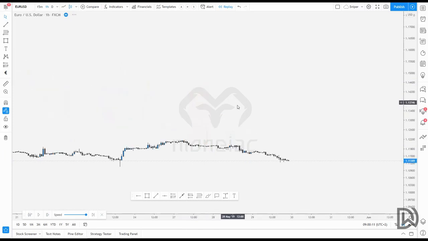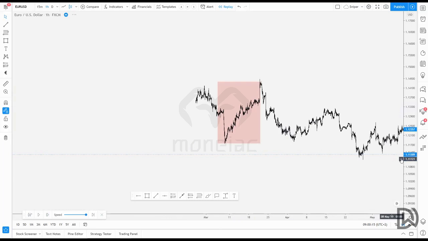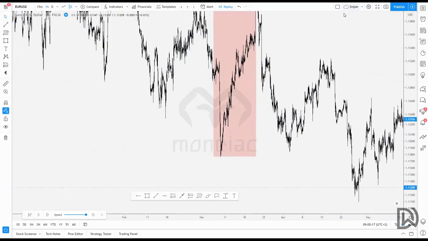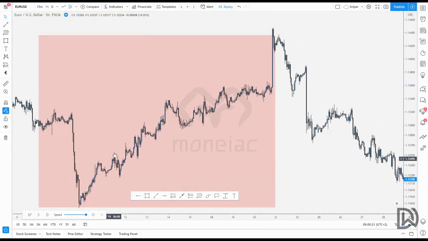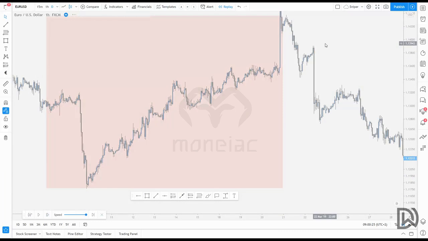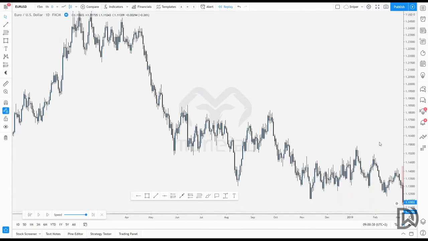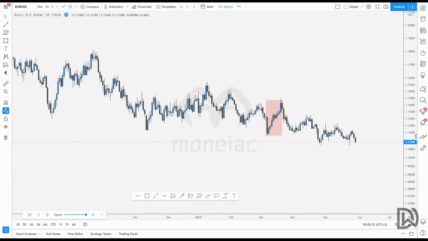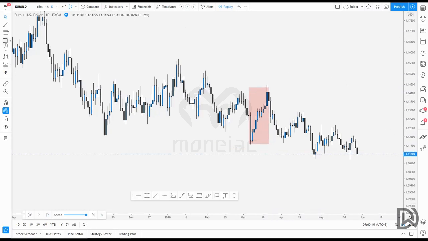So if we go on the 1 hour, all of that in the shaded area, you can clearly see that that is a 1 hour trend towards the upside, which was actually just a pullback on the daily. So it's very important to keep your time frames in sync and know where you are within each time frame.